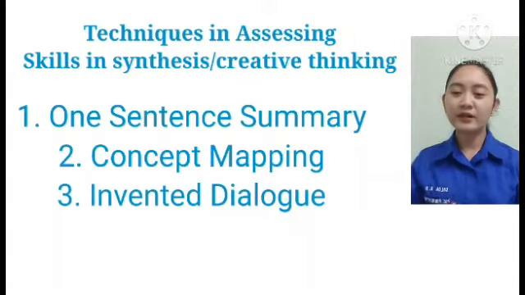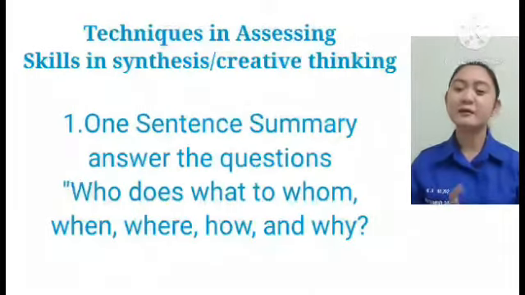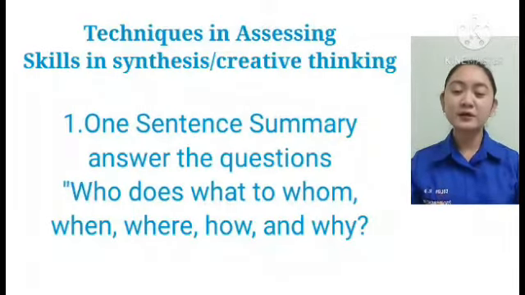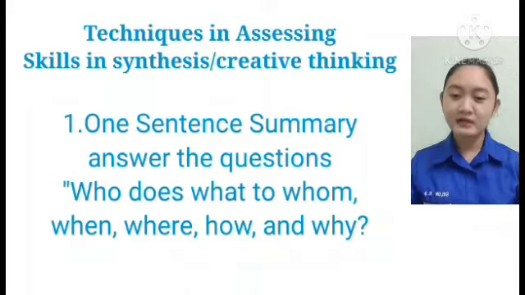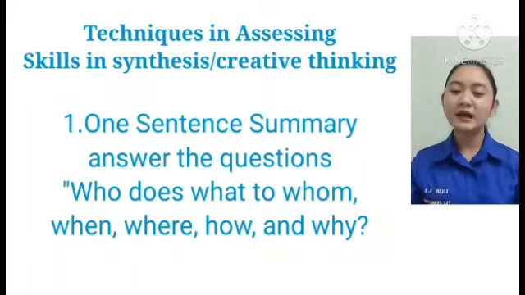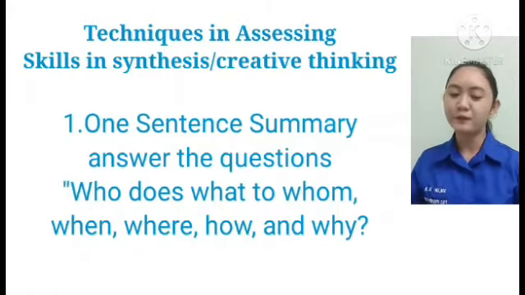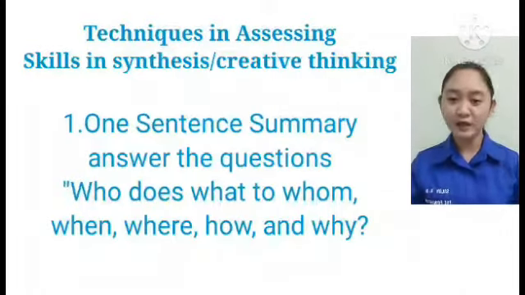I'll start with the one sentence summary. The one sentence summary is in paragraph form. This is where we ask the questions: who does what, when, how. With that, we can see that the students will really challenge themselves to summarize the concept of the lesson. For example, I would set it up in a K-12 economics class.